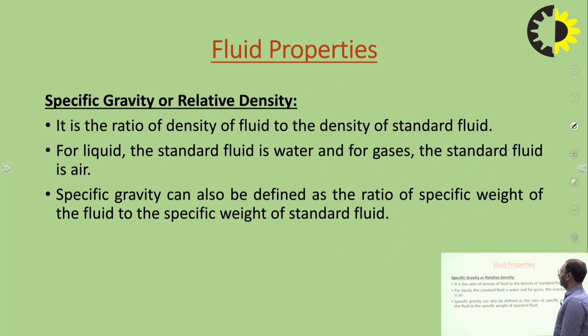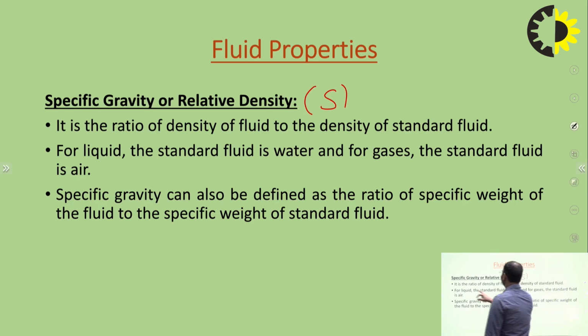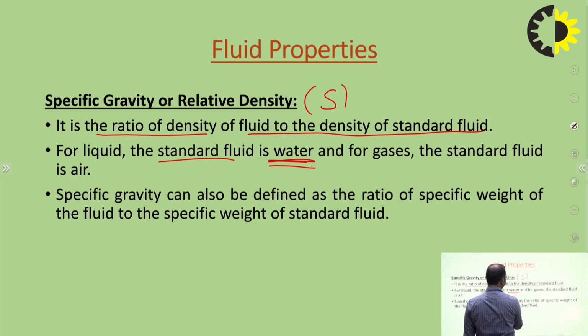Then the next property is specific gravity or relative density, denoted by the symbol capital S. It is the ratio of density of the fluid to the density of a standard fluid. For liquids, the standard fluid is water, whereas for gases, the standard fluid is air.